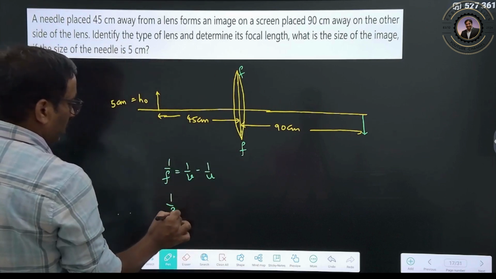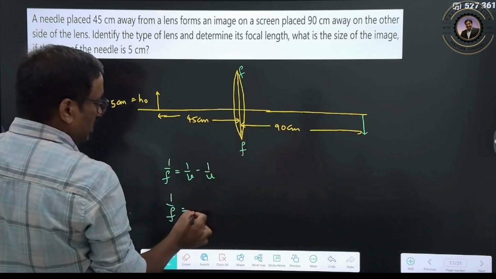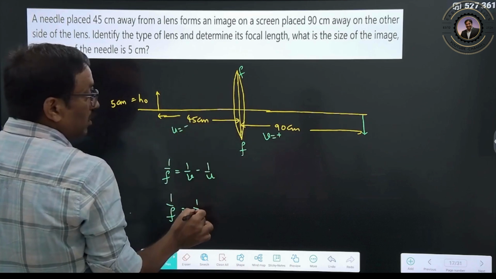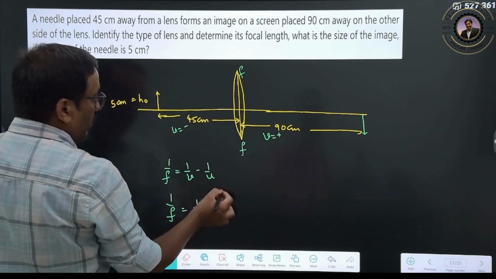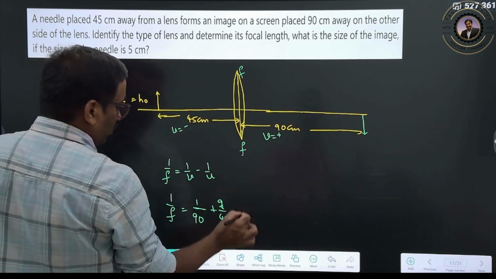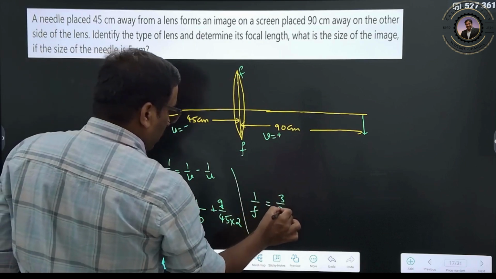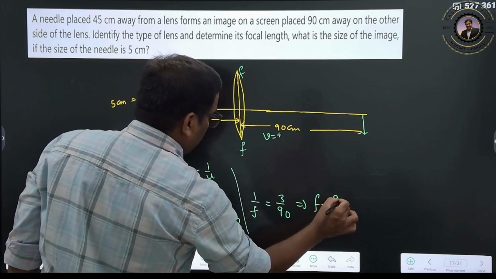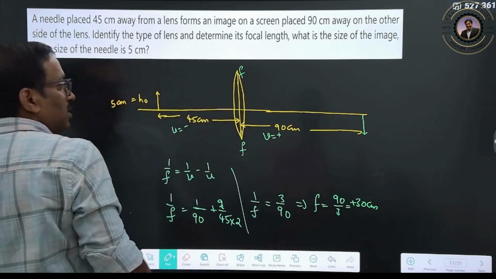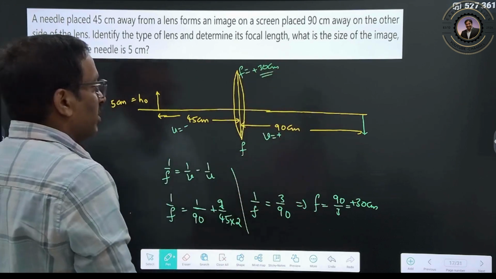Here the image distance v is positive, 90 centimeter, and the object distance u is minus 45. So 1 by f is equals to 1 by 90 plus 1 by 45, which is 3 by 90. Therefore f is equals to 90 by 3, which is plus 30 centimeter. Plus means convex lens, obviously.